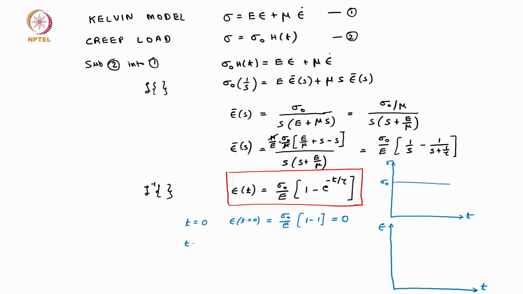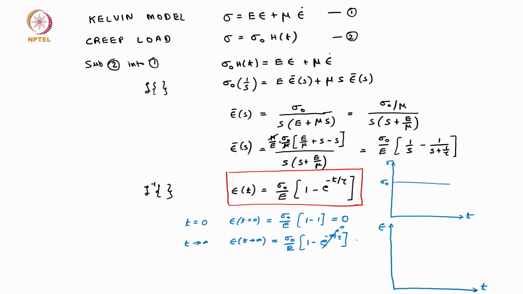And what happens at time tending to infinity? The strain is sigma naught by E times 1 minus e power minus infinity by tau, which will go to 0.